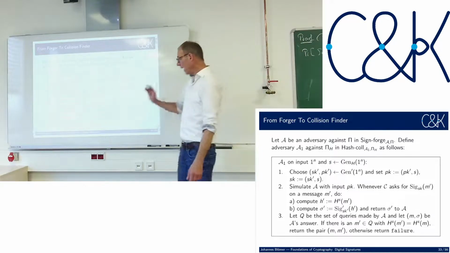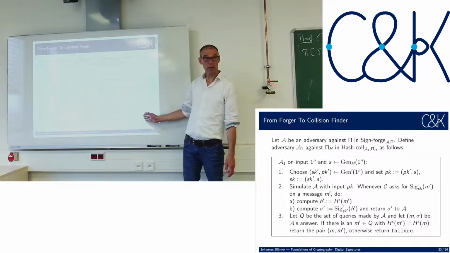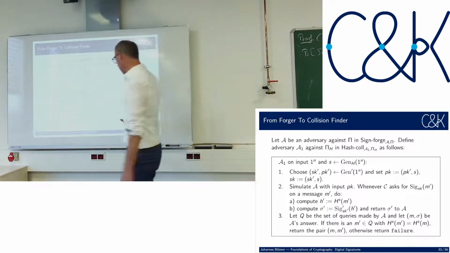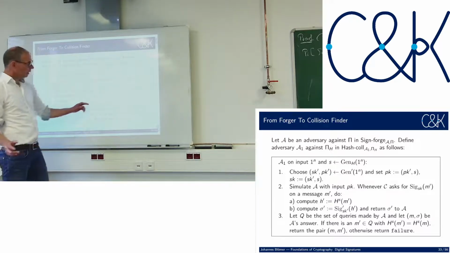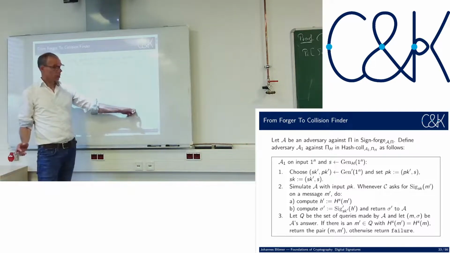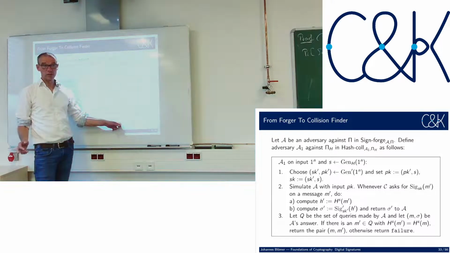So this finds a collision if two things are happening. Namely, it finds a forgery and it has a collision.